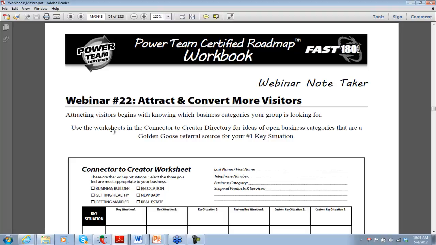And so you can use the worksheets in the directory, the Connector to Creator directory at the back of the Roadmap workbook, to look at who the Golden Goose referral sources are for the key situations that your chapter is looking to build power teams around, and identify open categories that would be a good fit for your power teams.